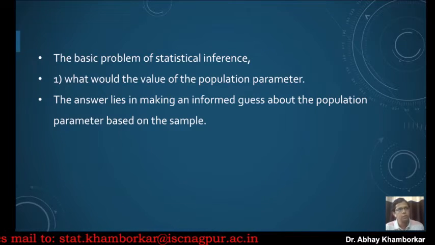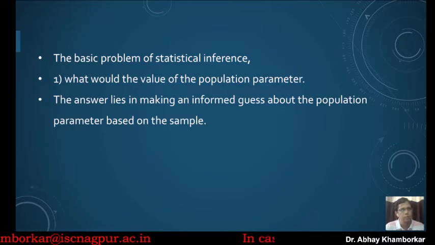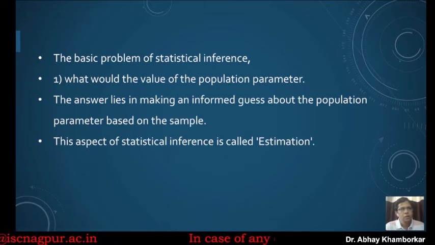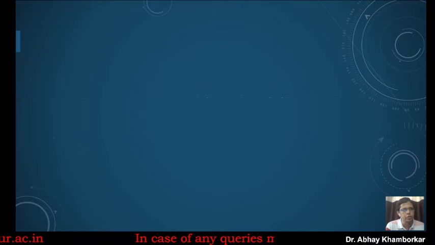That is nothing but our estimation theory, where we try to answer the question of what would be the value of the population parameter. This aspect of statistical inference is called estimation.